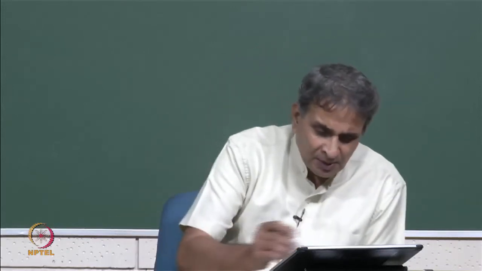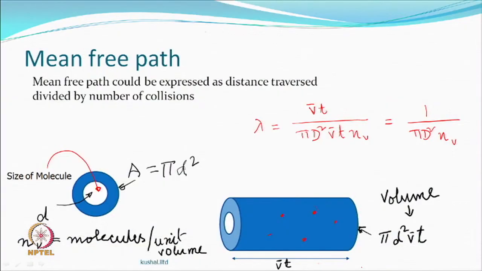which means this is 1 by pi d square. I am sorry, I have used D sometimes capital. Let me make all of them small, so this is small d and this is also small d, okay, right.